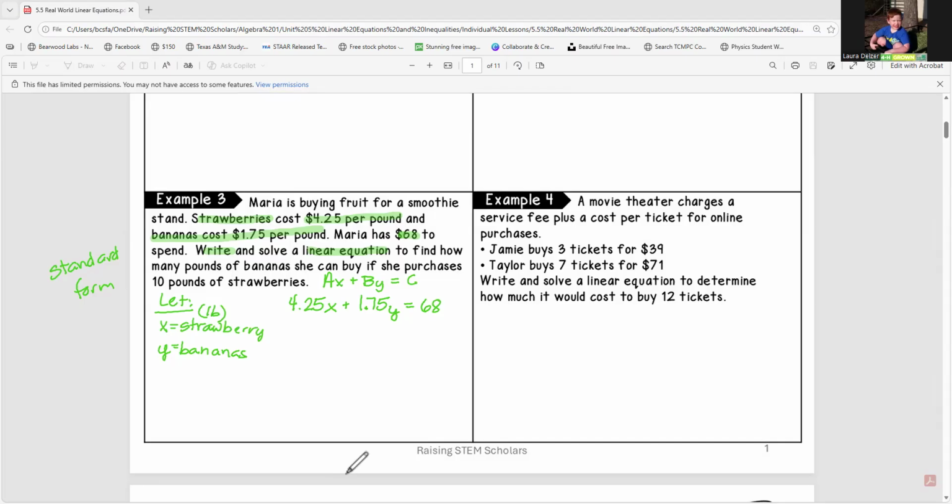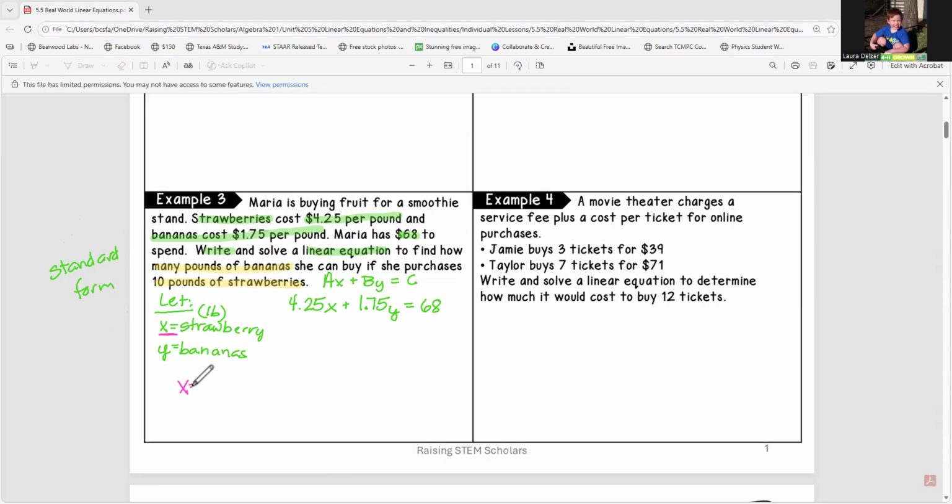All righty, so let's look at the next part of the problem, the part B. It says, how many pounds of bananas can she buy if she buys 10 pounds of strawberries? So I need to go update my information here. We're going to write 10 pounds of strawberries. Remember, I defined my x as my strawberries.